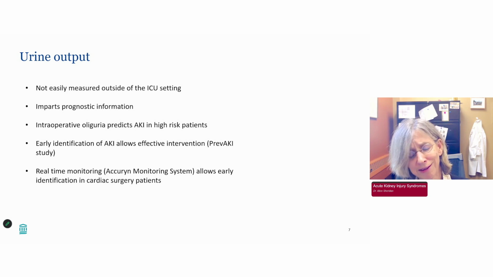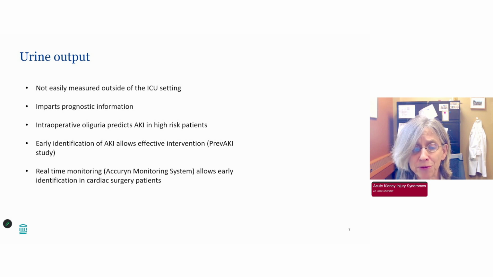So again, as Joe pointed out, the reason we need a better, earlier biomarker is that the early identification of AKI allows for interventions. The sooner you catch this, the more quickly you can turn it around, is the presumption. And this was suggested by the PREV-AKI study.